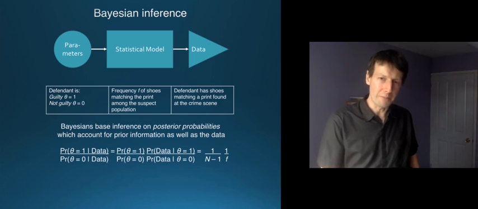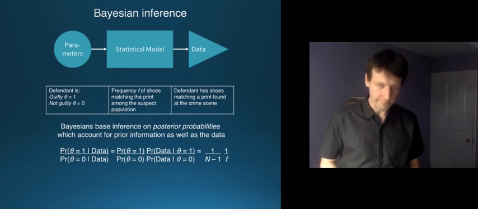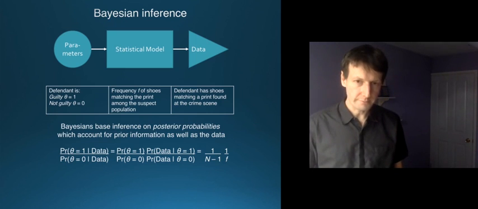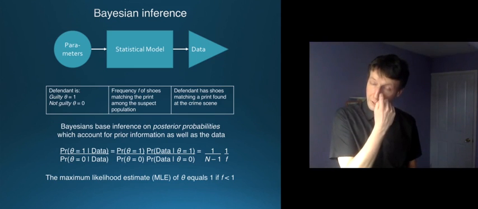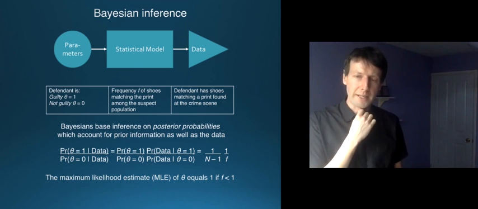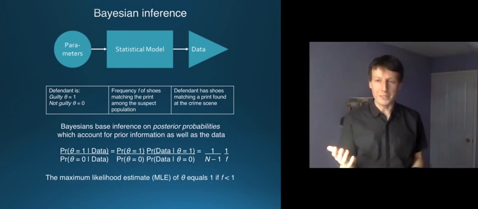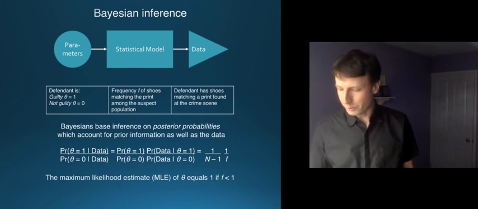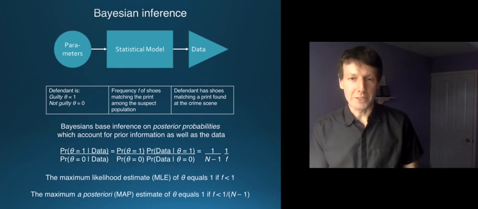Assuming that everyone in that suspect population is equally likely before receiving any information. So where the maximum likelihood estimate of theta, the most likely scenario, the interpretation of the parameter that best fits the data, tells us that the defendant is guilty unless everybody else in the population also has those shoes, not probable, the Bayesian interpretation is somewhat different.